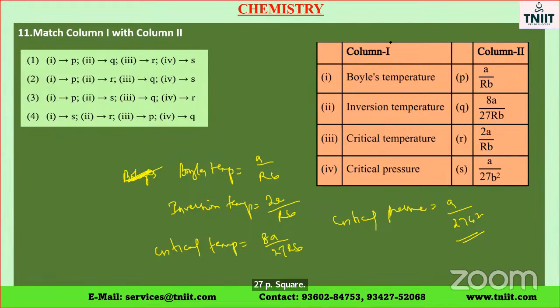The answer for this question is, the first one is matched. Inversion temperature is 2a by Rb. Critical temperature is 8a by 27Rb. And critical pressure is also matched. Therefore, the answer for this question is option 2, second option.